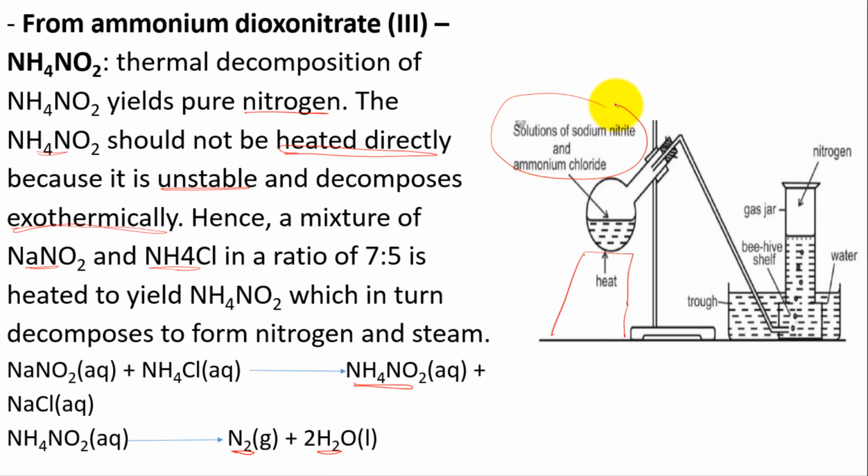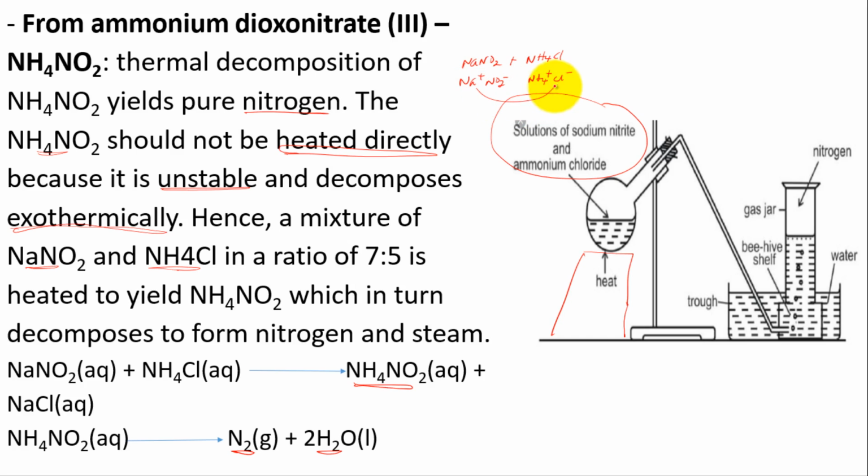As you can have it here, by the time both of them combine, we have sodium nitrite, NaNO2, with ammonium chloride, NH4Cl: Na plus, NO2 minus, NH4 plus, and Cl minus.